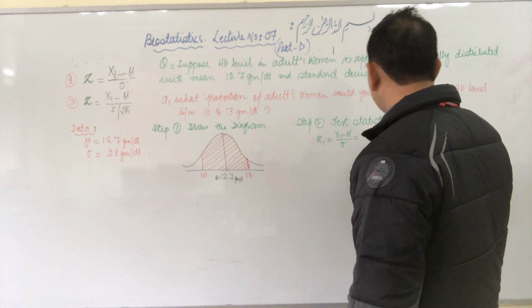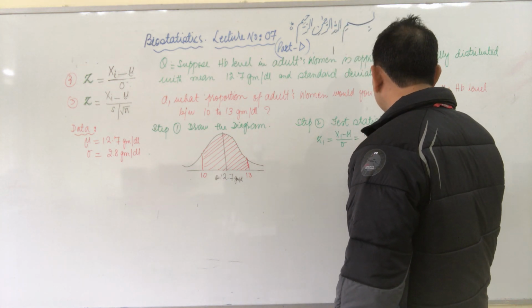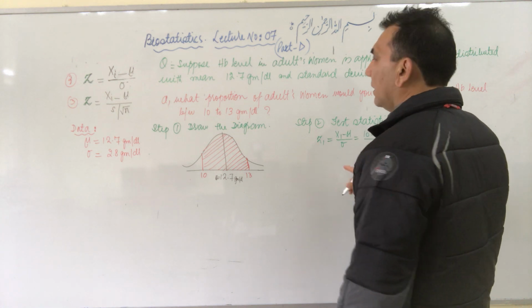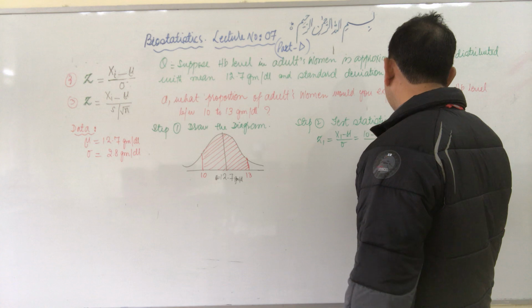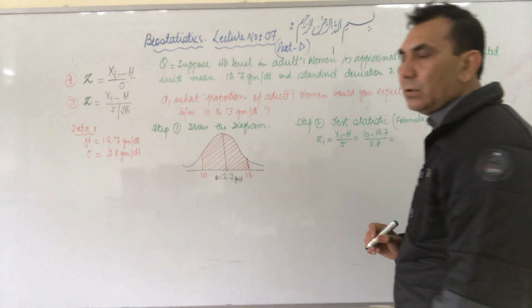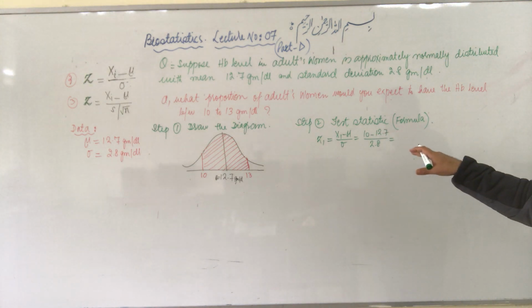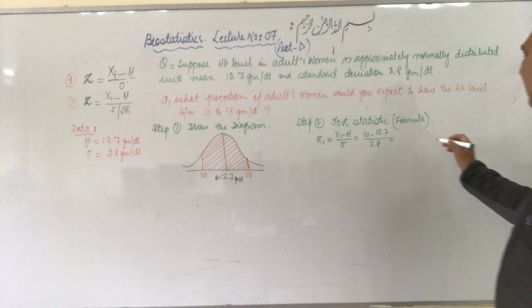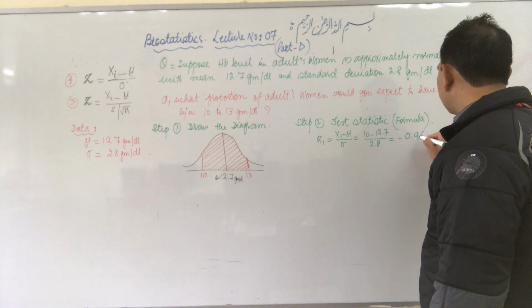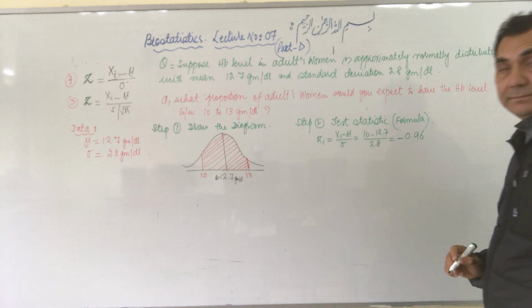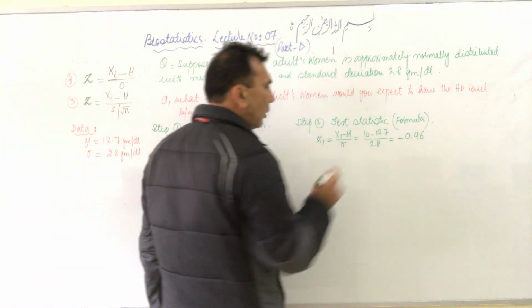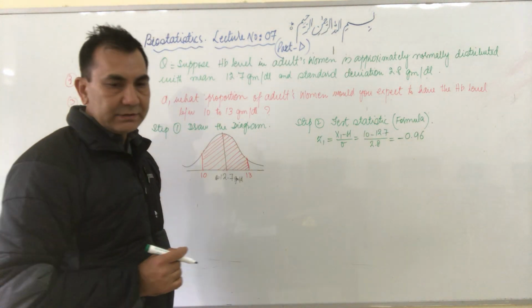What is x1? 10 minus 12.7, and the standard deviation is 2.8. If we solve it, we come up with the result of minus 0.96.